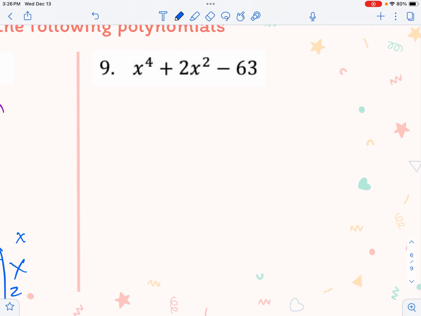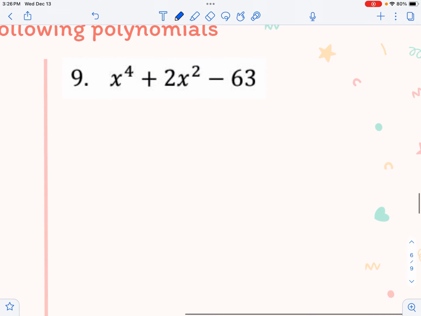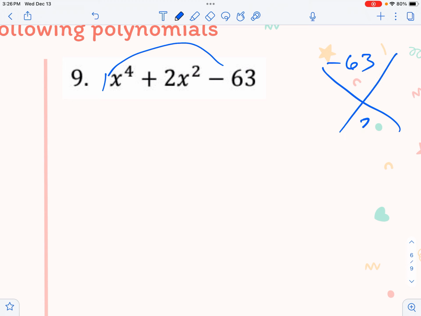This one, I'm going to use quadratic techniques. I'm going to try and factor this like a general trinomial, because this is x to the fourth and this is half of that, x squared, and this is my constant. So I can factor it, hopefully. This is 1. 1 times negative 63: factors of negative 63 that add up to 2. So now the larger one has to be positive. So 1 and 63, that's not going to add up.